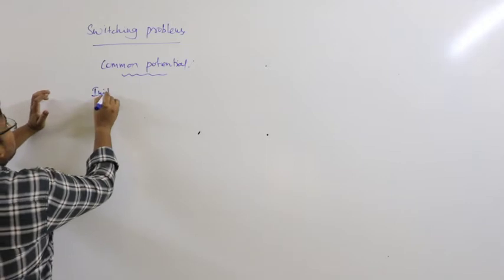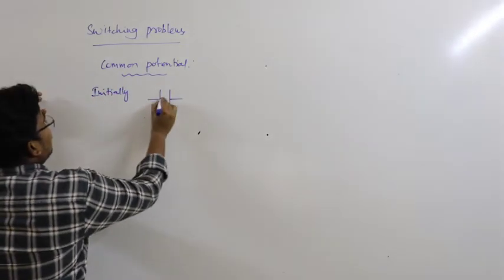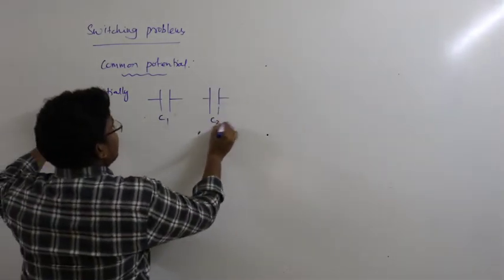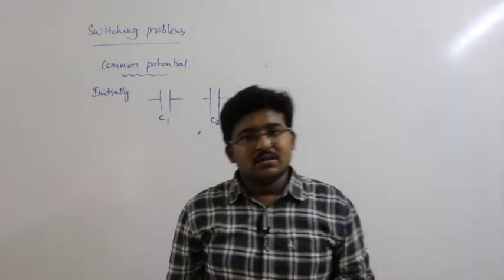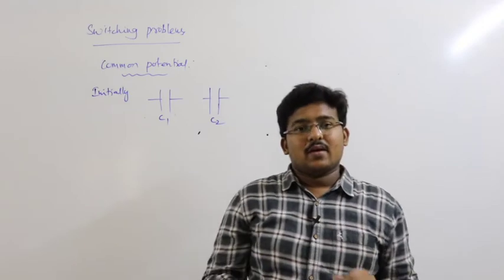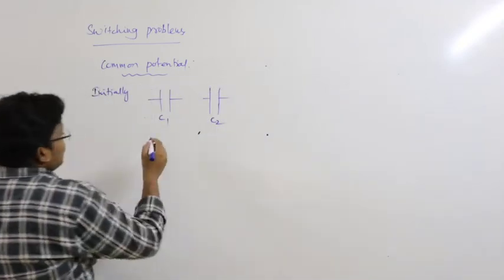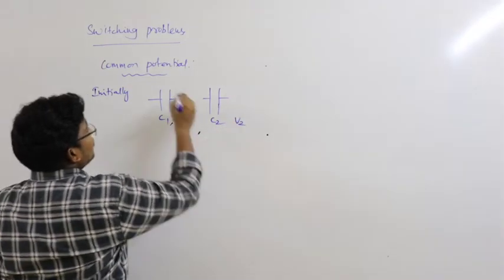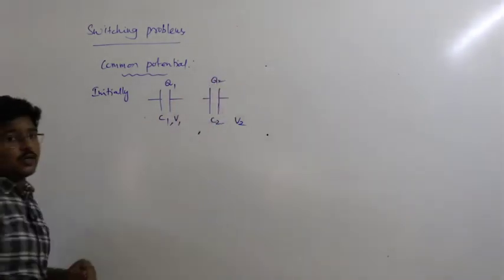Initially two capacitors of capacitances C1 and C2 separately, and they are already charged by the voltages, potentials V1 and V2, so that the charges are Q1 and Q2.